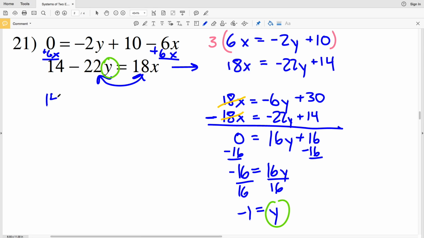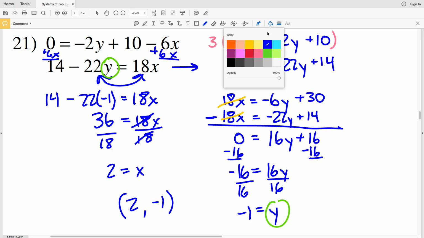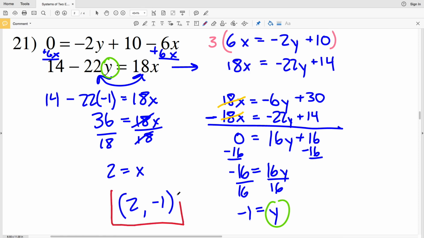So I'll have 14 minus 22 times negative 1 equal to 18x. 14 minus 22 times negative 1 is 14 plus 22, which equals 36. So 36 equals 18x. And when I divide by 18, I'll get that 2 is equal to x. So 2, negative 1 is my solution in number 21.